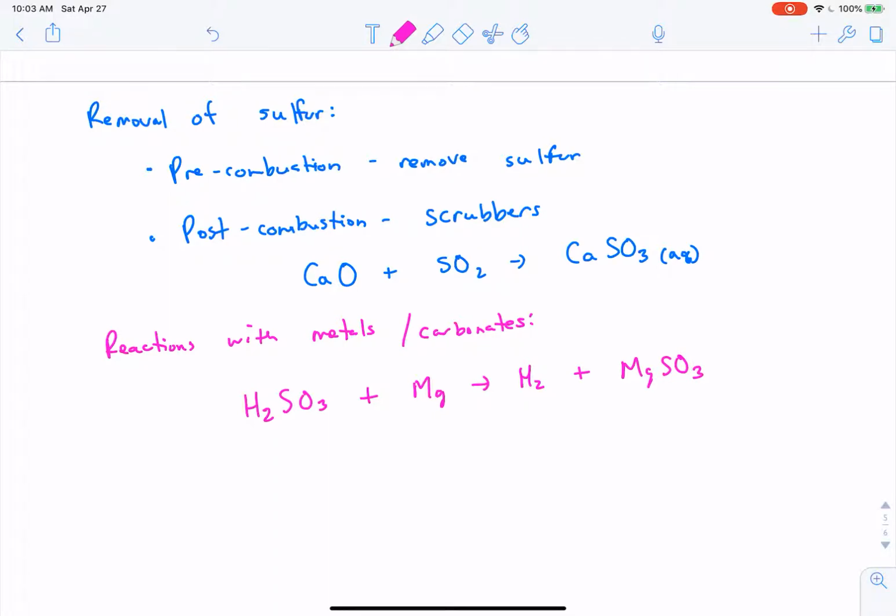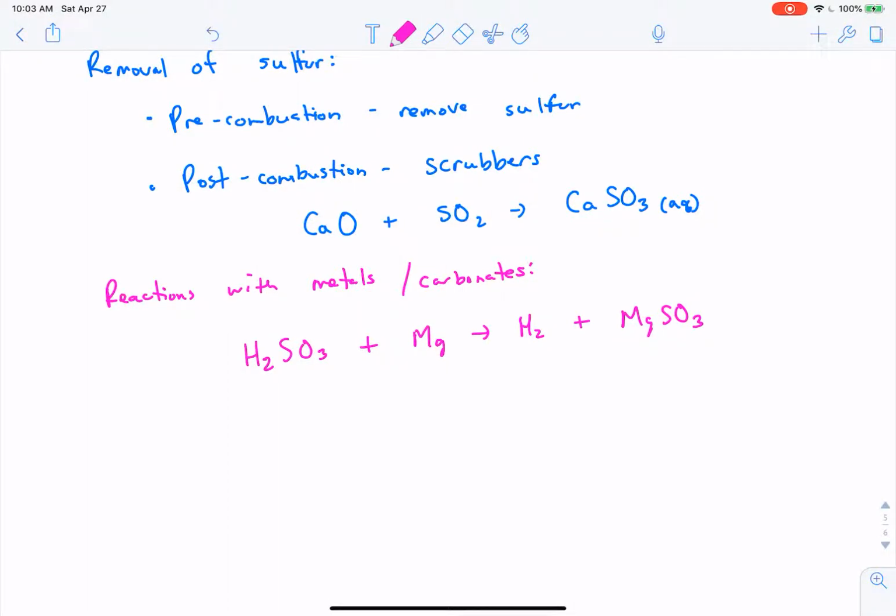So reactive metals like iron, copper, magnesium, and stuff like that. And also the carbonates, like calcium carbonate, which is limestone, which is used in statues and buildings. You form calcium sulfite, which is soluble in water, and H2O. So that's how things deteriorate.